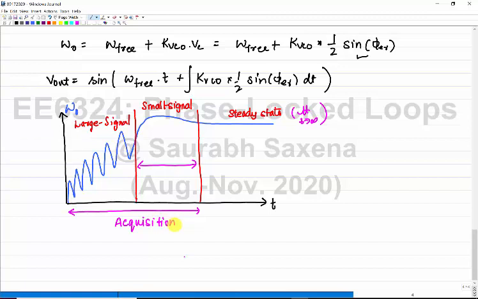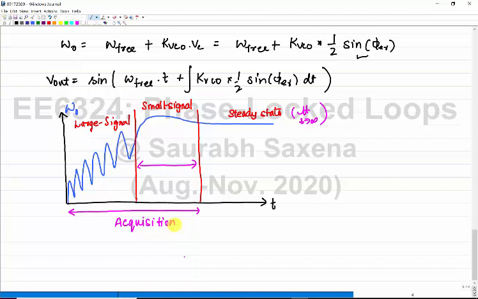So you start your PLL, you give some input frequency and you have some free running frequency of the oscillator, and you just start your PLL till the time the PLL output frequency reaches steady state. When it reaches the steady state, you say the PLL has acquired the lock, or the PLL has acquired the desired frequency.